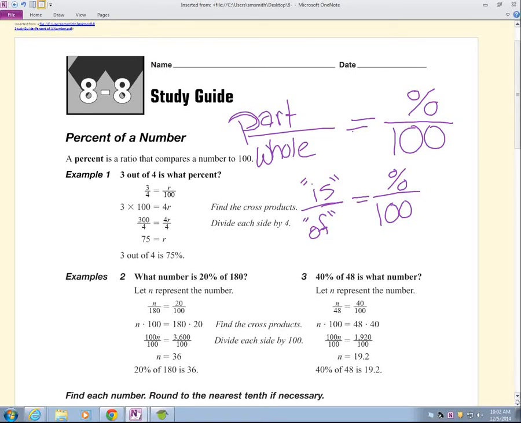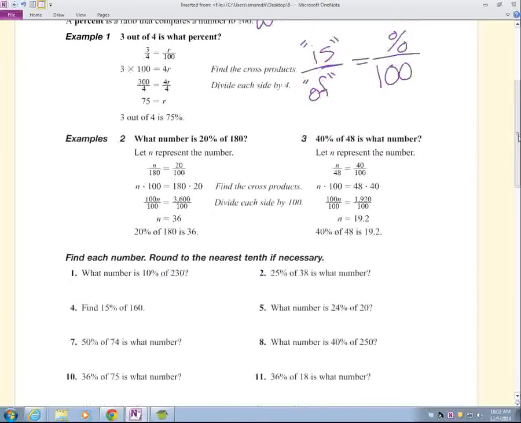Is over of is part over whole. So the is is part, the of is whole. Now, every single time we hear sentences about finding a percentage, it's not always going to say is and of, but that will give you a really good idea as to what's up.